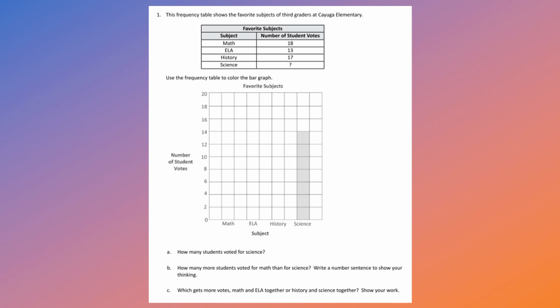So what we're going to do is we're going to color all the way up to 18 right above the word math. So you want to color all the way up to 18 just like I did for math. All right. And if you need to pause the video to color that in, go ahead and do so now.